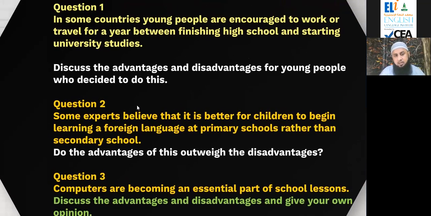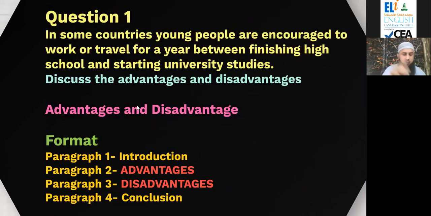Let's look at the format, how they look. Question one looks like this. In some countries, young people are encouraged... no, okay, discuss advantages and disadvantages. If you have to discuss advantages and disadvantages, what you do, this is the format of the essay. This is how it looks, and it should be. There are many other ways, but this is the one that's recommended.